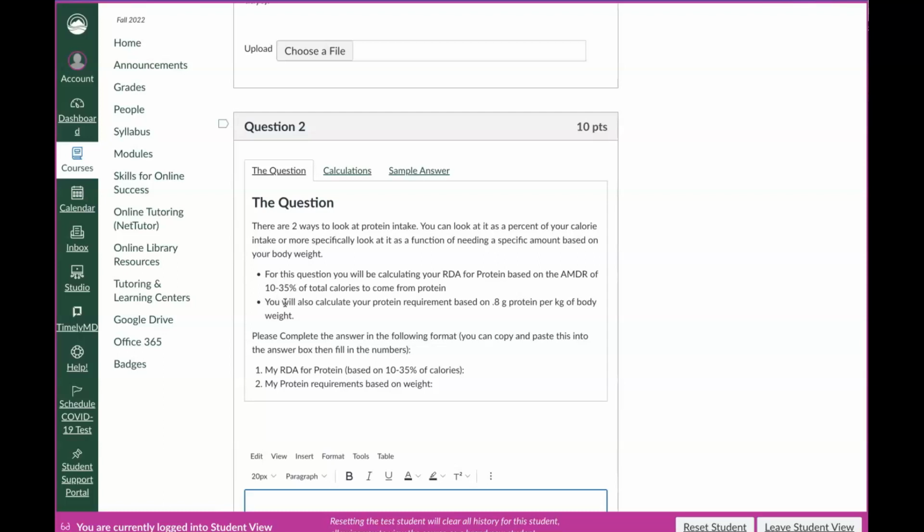With 35% of your calories coming from protein, you're chewing on some meat. I'm just telling you, that's a lot of protein, or you're supplementing your diet with a lot of protein. But the research tells us that could be a healthy intake in between those two. So that's fine. You want to find out, how many grams of protein should I get a day if I'm looking at this guideline?